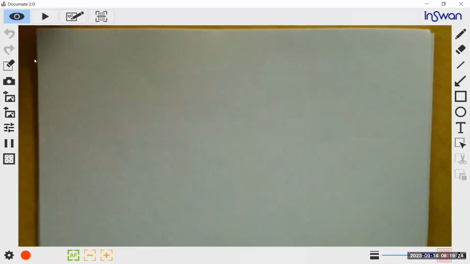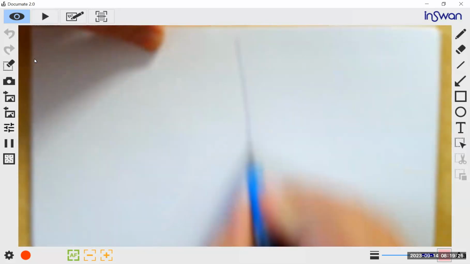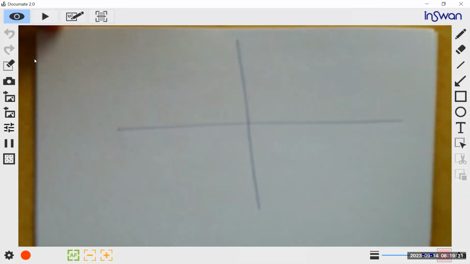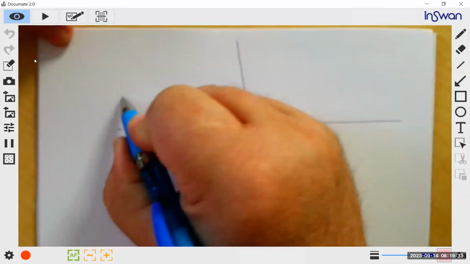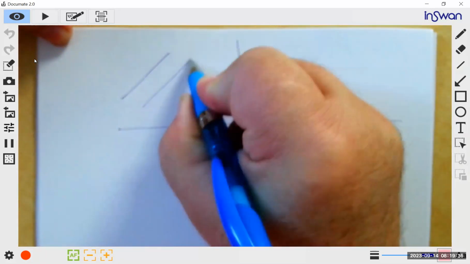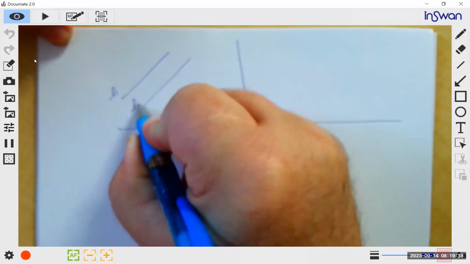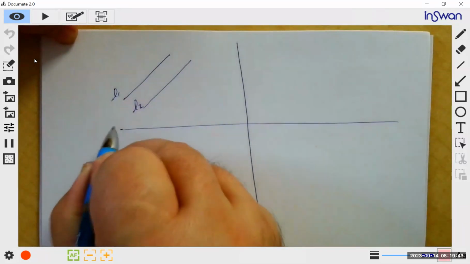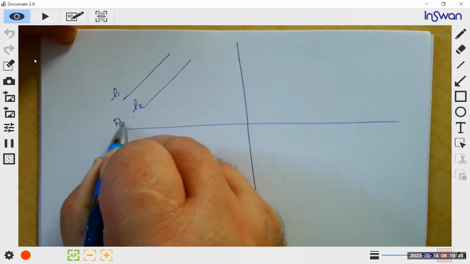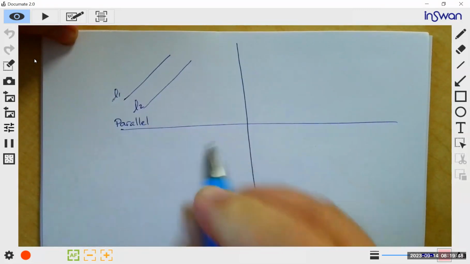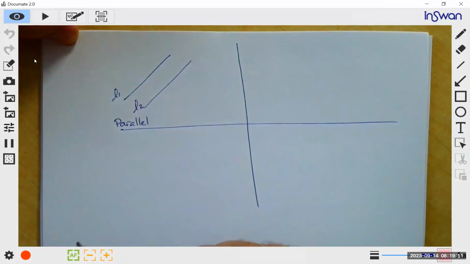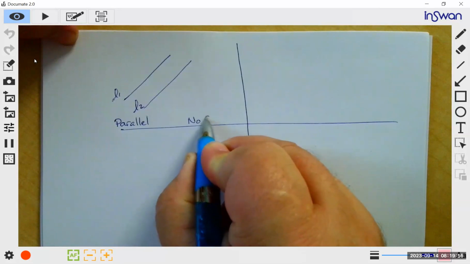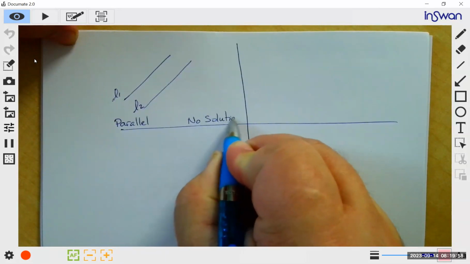Let's get back to looking at two lines. There are 4 possibilities. The two lines can look like this. This is line 1, and this is line 2. These lines are called parallel. They have no solution.